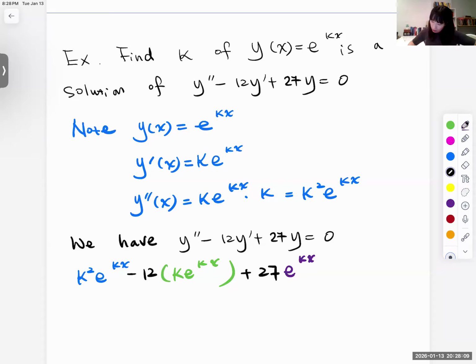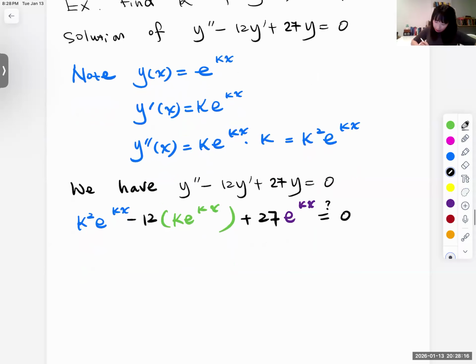So we want to check whether it equals 0. Yeah?